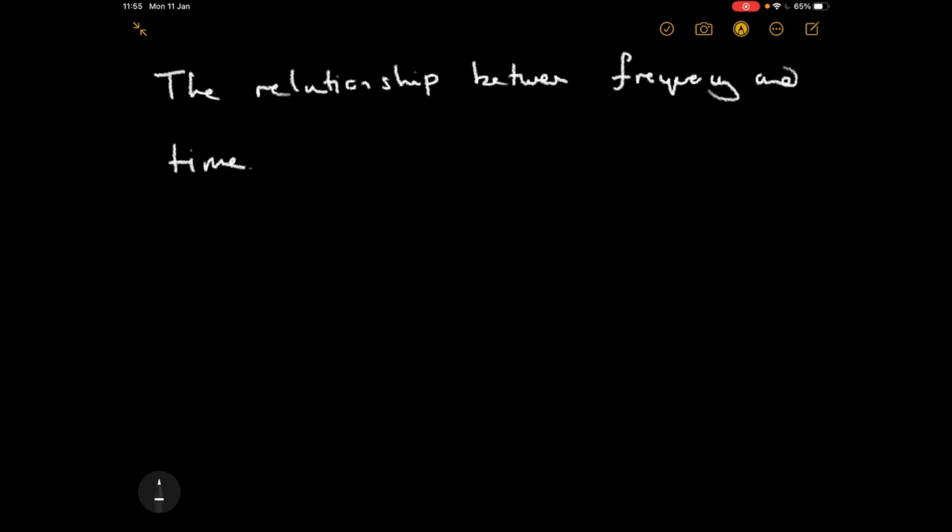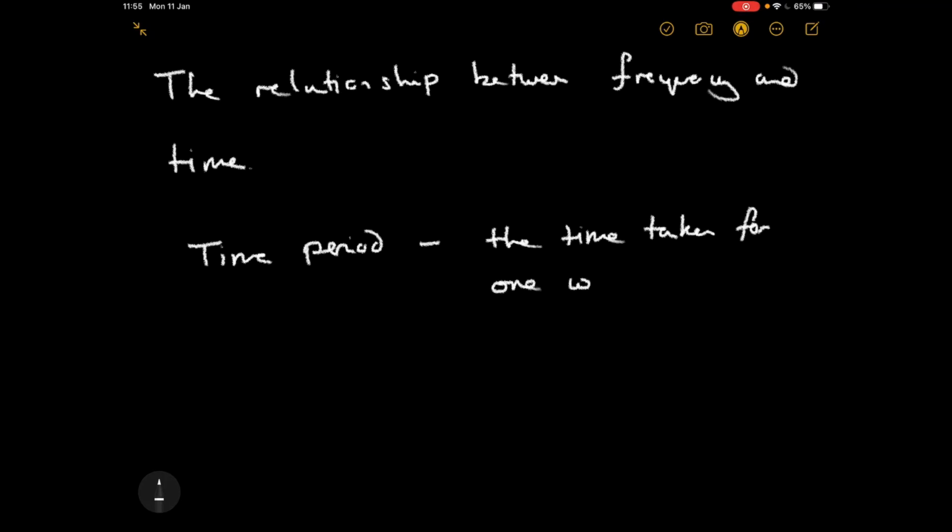So let's think about the definition that we had for both of them. Time period is defined as the time taken for one wave to pass a point.